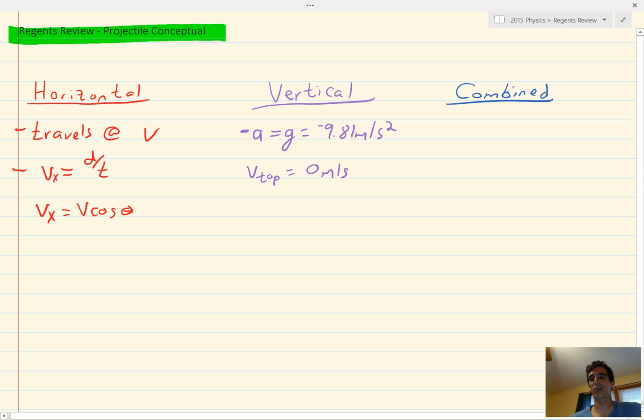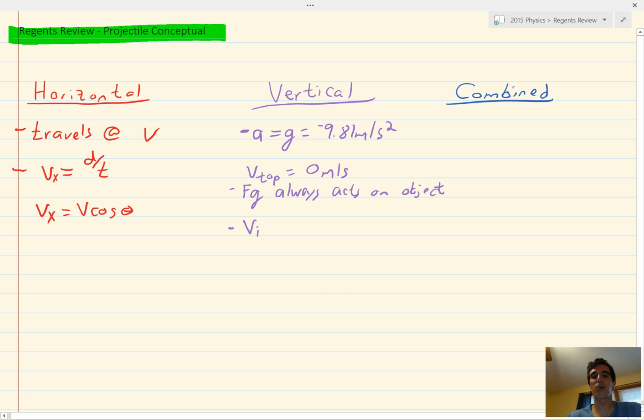Because Earth is constantly pulling down on it, we know that the force acting on the object is a force of gravity. So Fg always acts on objects. We also know that when you throw something up, the velocity you throw it up with, if you catch it at the same exact height, is the velocity that it comes down with.